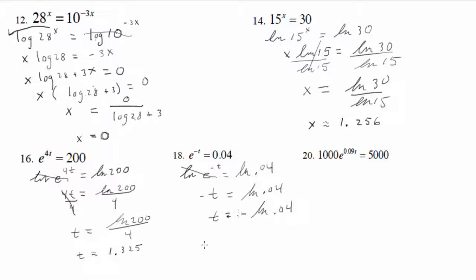And it's just a matter of popping that in the calculator exactly as it stands. Negative natural log 0.04, close the parentheses, and 3.219. Looks like I got there.